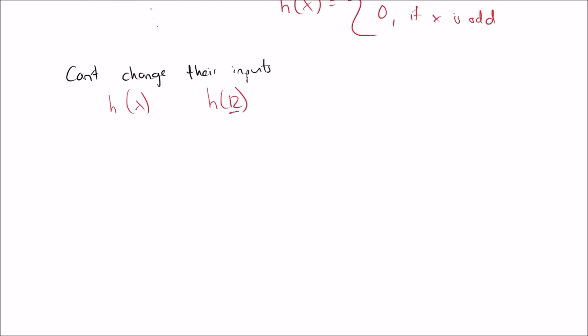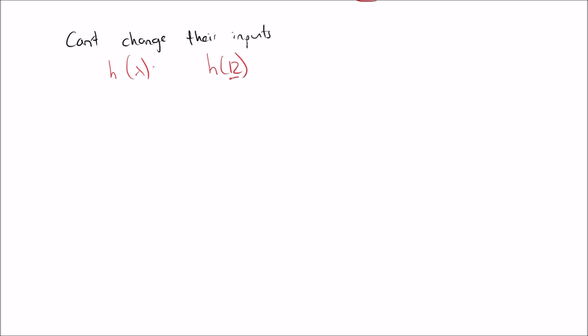So as a result, functions in functional programming have certain restrictions that other functions in other languages don't have. And because functional programming represents everything as mathematical functions, that means we can't have any inputs changing.